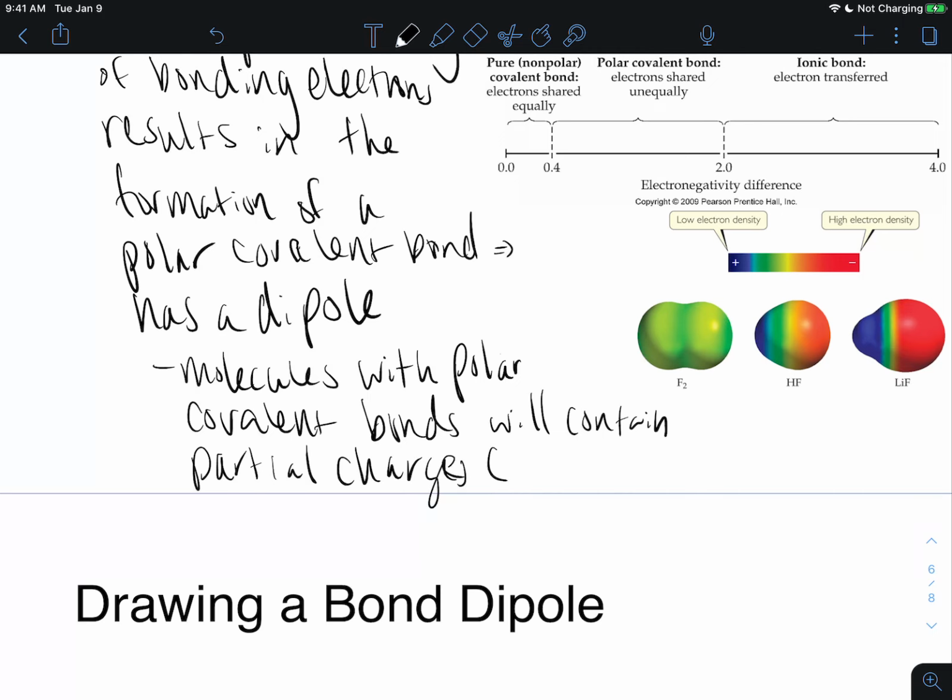And you can think of it like a little magnet, where other things with partial charges or full charges will be attracted to it, and things that don't have partial charges, like our nonpolar covalent compounds, will not be attracted to it and won't really mesh very well.